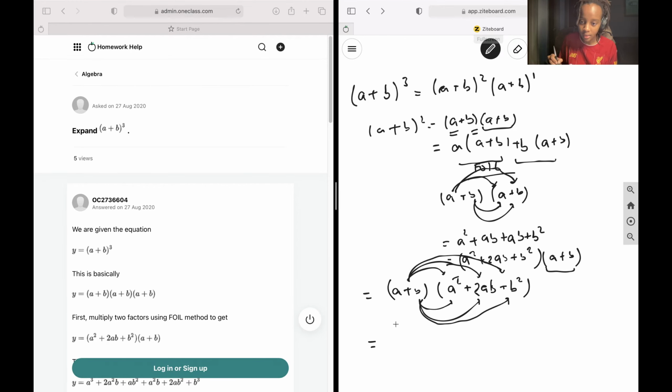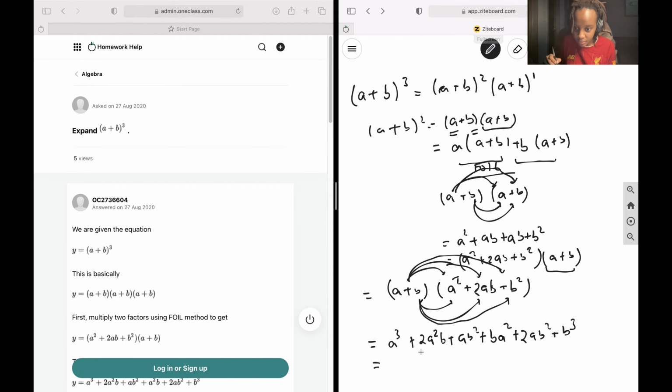And so when we write that out, a by a squared is a cubed, plus a by 2ab, 2a squared b, plus a by b squared, ab squared, plus b by a squared, so ba squared, plus b by 2ab, so 2ab squared, plus b by b squared. And that is b raised to the power of 3.